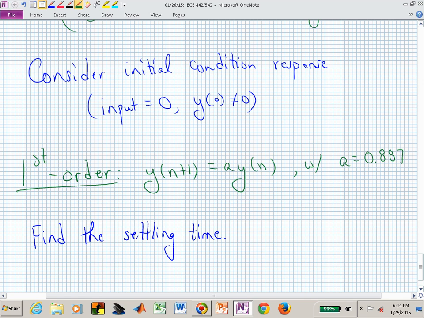So a is a finite decimal value, but it's less than 1 is the more important issue. This could be a repeated decimal. It could be an infinitely long decimal, it could be, you know, some multiple of the square root of 2. And as long as that multiple put it less than 1, we would still be stable.